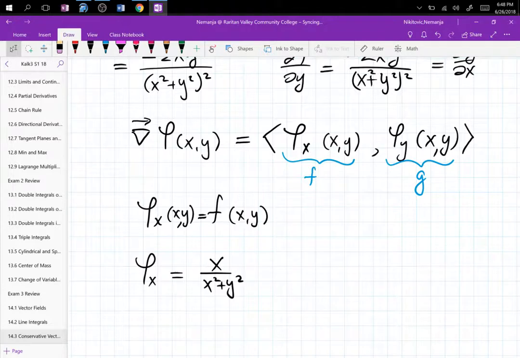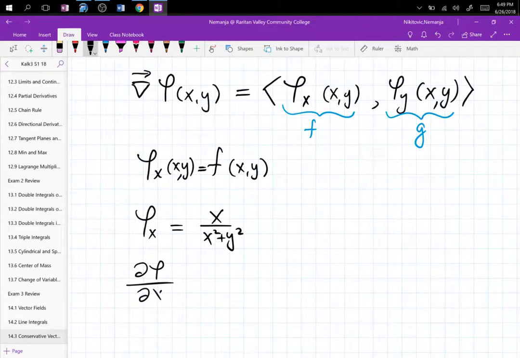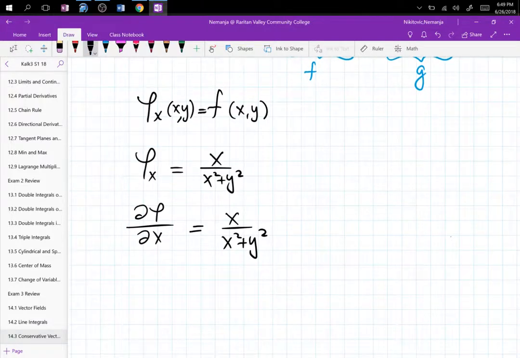Now, if you learned anything in your short exposure to differential equations in Calc 2, you know that separation of variables helps in this case. So if I write this as partial phi over partial x is equal to x over x squared plus y squared, then this dx moves to the other side.